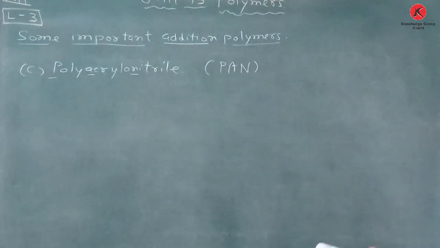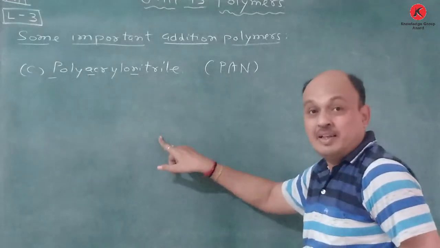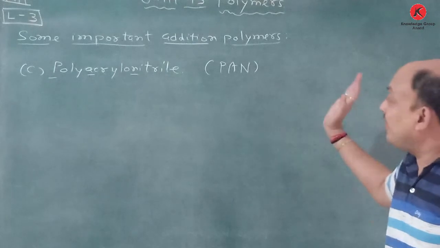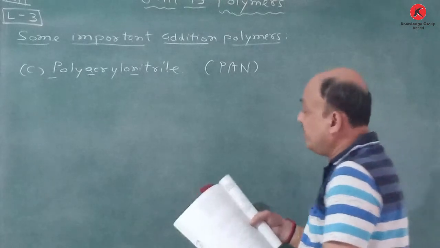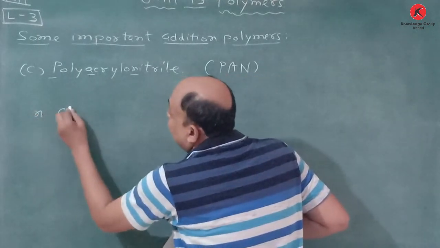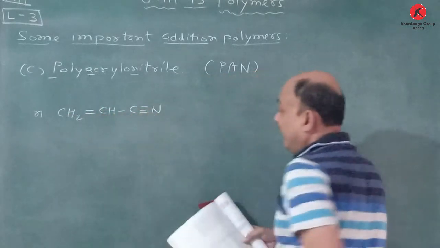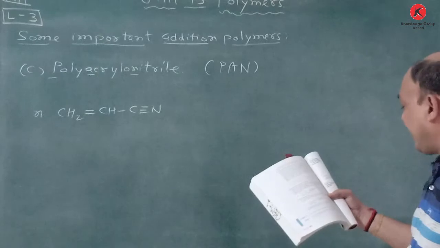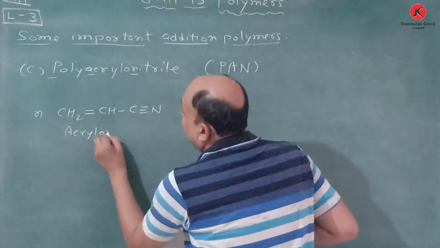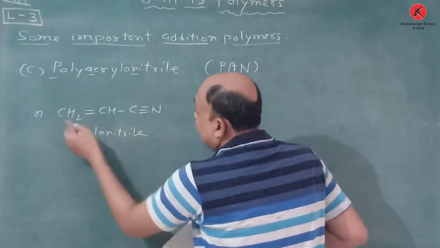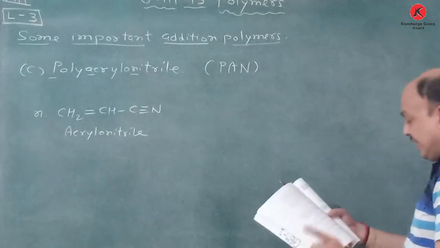It's very important. First of all, remember the monomer, then the reaction conditions, and the formula of polyacrylonitrile. It's very simple. It is an addition polymerization reaction. First of all, write down n CH2=CH-C≡N. This is nothing but vinyl cyanide, known as acrylonitrile.